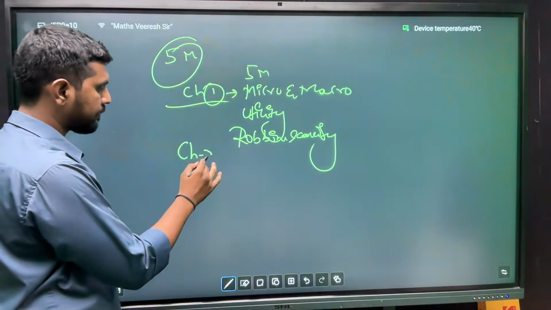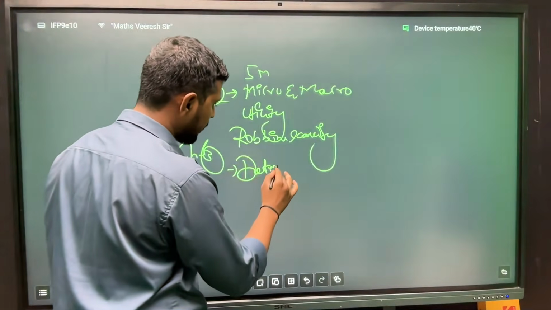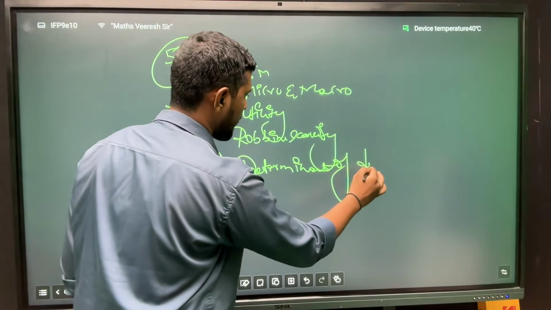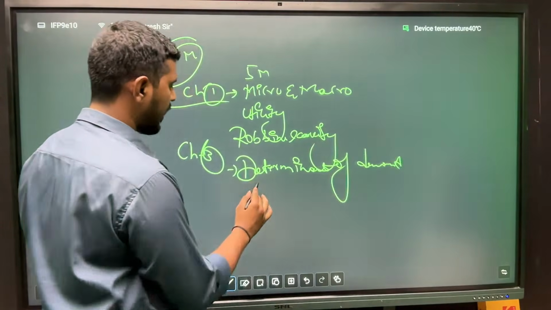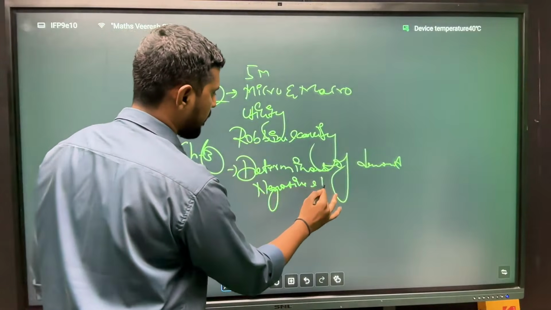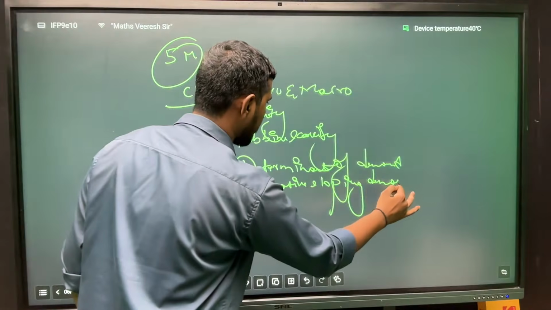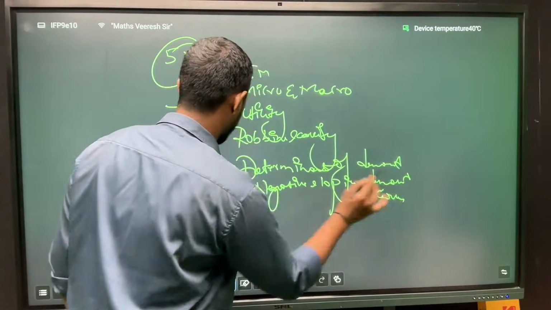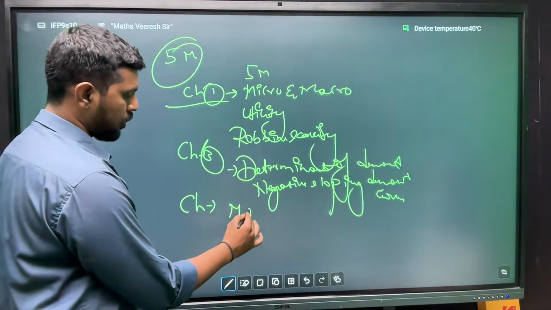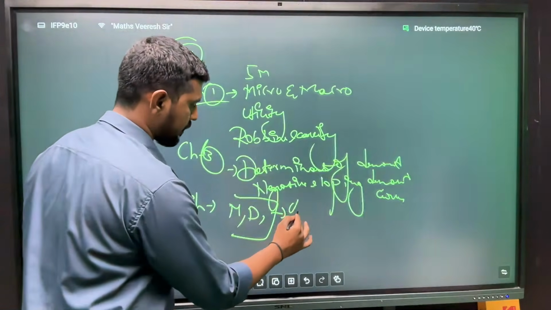Chapter 3, determinants of demand, and the negative sloping demand curve again. Chapter 5, monopoly, duopoly and their characteristics.